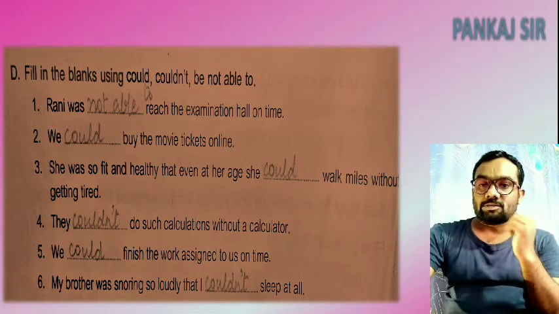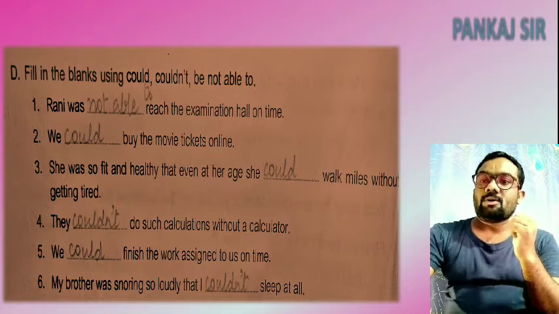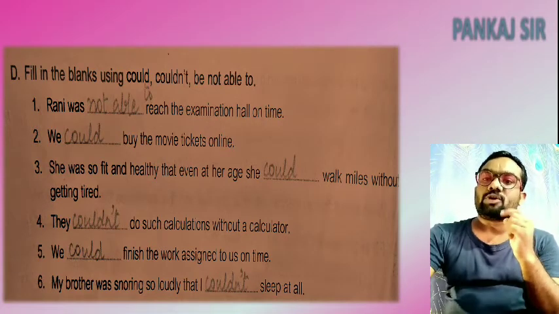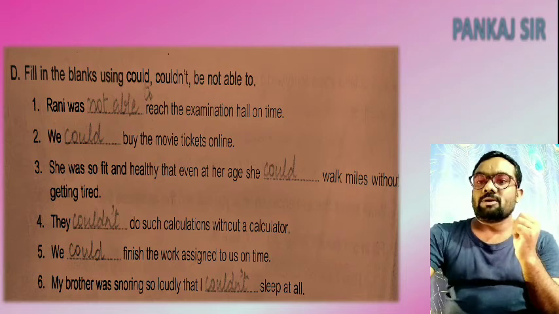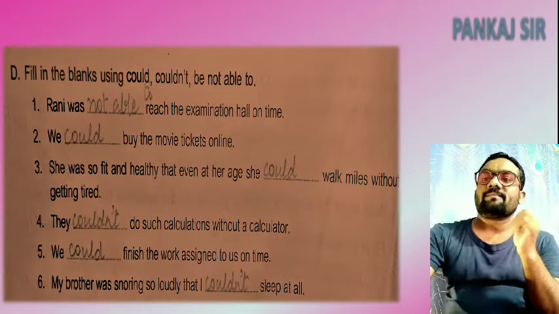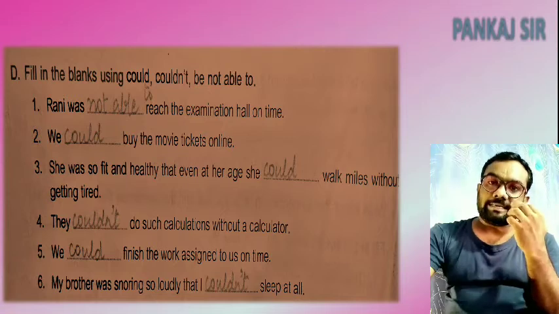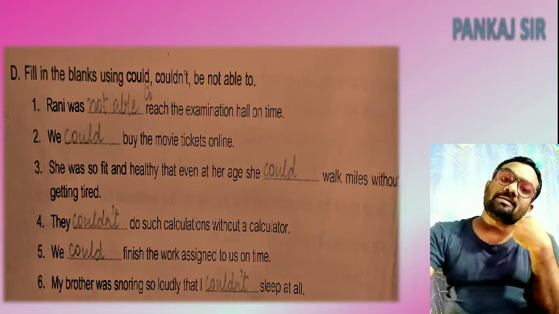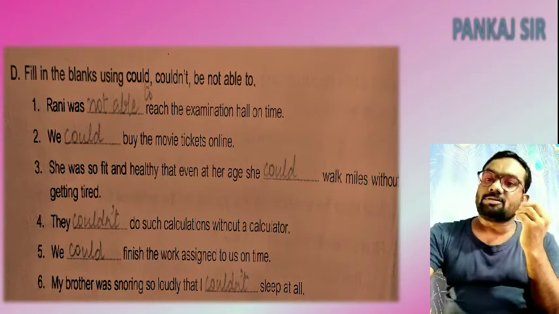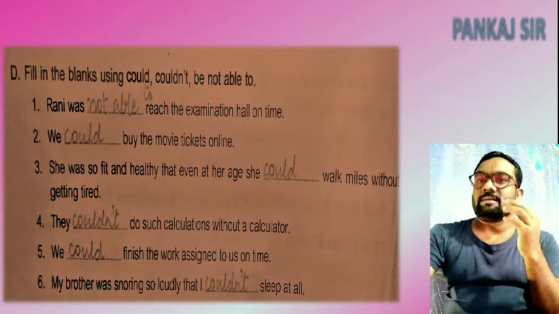Then: we could finish the work assigned to us on time. Could, ability, strength we have. My brother was snoring so loudly that I could not sleep at all. So just because it is the habit of snoring, right? Taking the breath while sleeping and while breathing when the voice comes, that is called snoring.